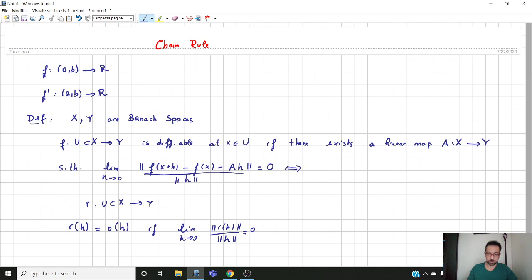In fact, this definition is equivalent to saying that f(x+h) can be written as f(x) plus A times h, plus a term we call r(h), where r(h) is equal to small o of h. Because if you isolate r(h), we get f(x+h) minus f(x) minus A h. So r(h) is equal to the numerator term here.